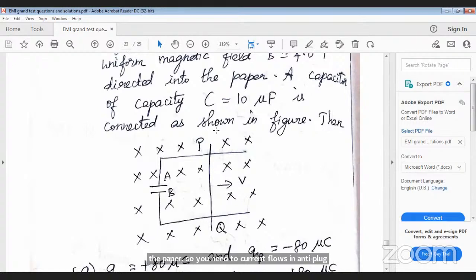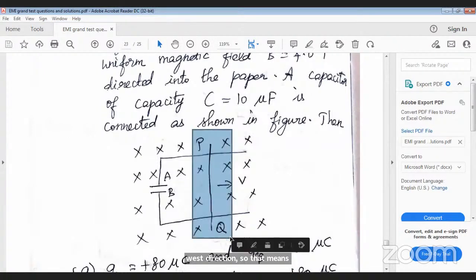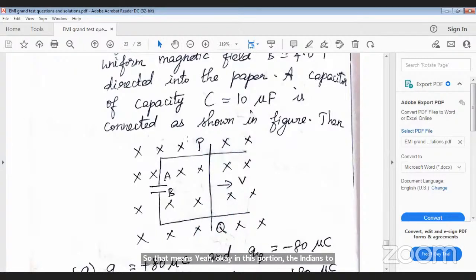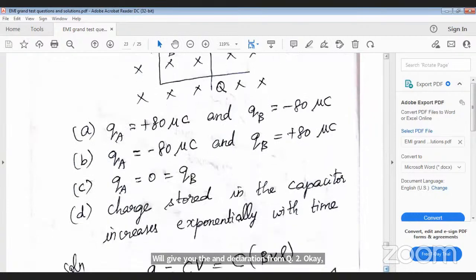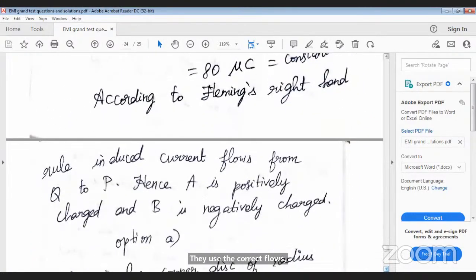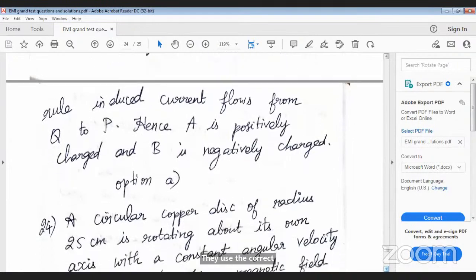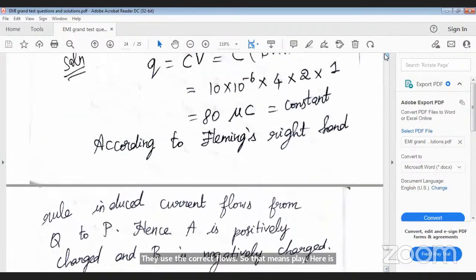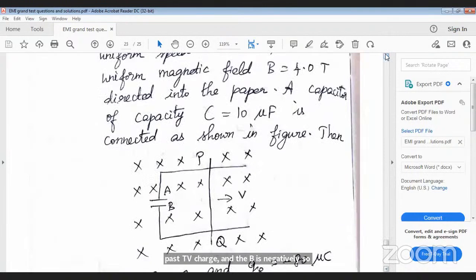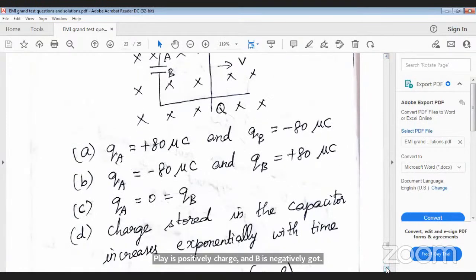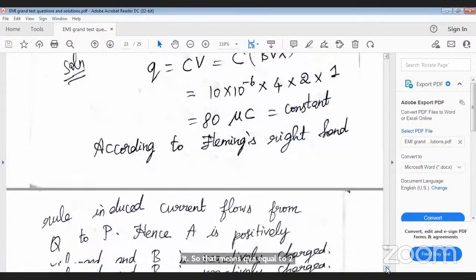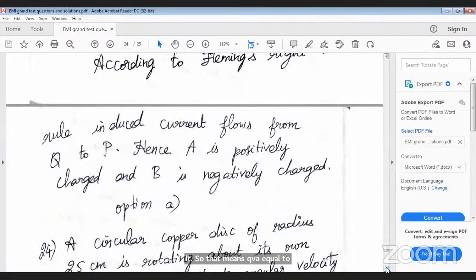So in this portion the induced current flows from Q to P. That means plate A is positively charged and B is negatively charged. So QA equal to 80 microcoulomb, QB equal to minus 80 microcoulomb. So that will be option E.